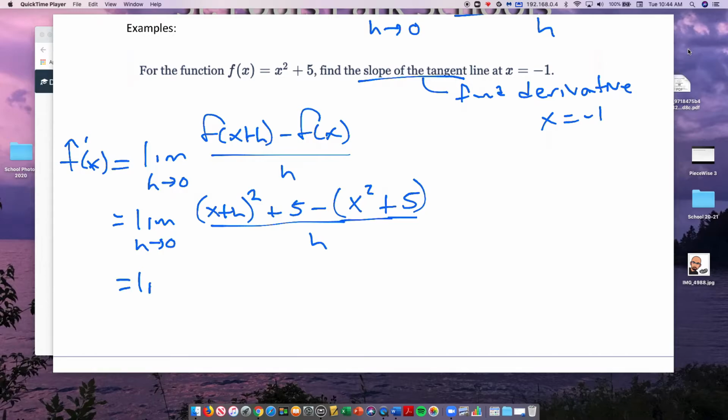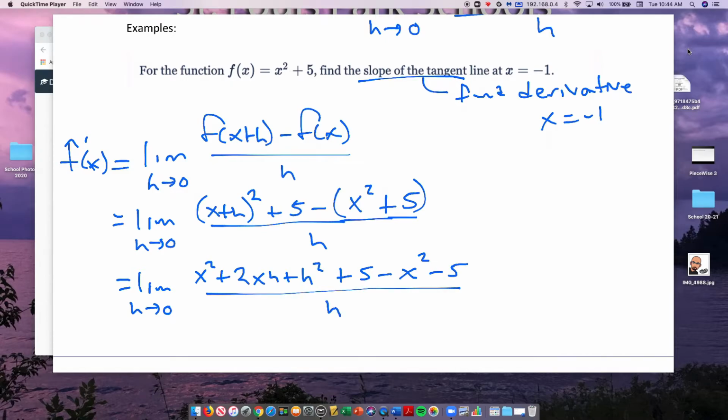So this is the limit as h goes towards 0 of x squared plus 2xh plus h squared if we FOILed that first thing out, plus 5 minus x squared minus 5 all over h. Hopefully you look at this and go, hey, there are some great things that happen. We actually get the 5s to cancel out. We get this x squared to cancel out.